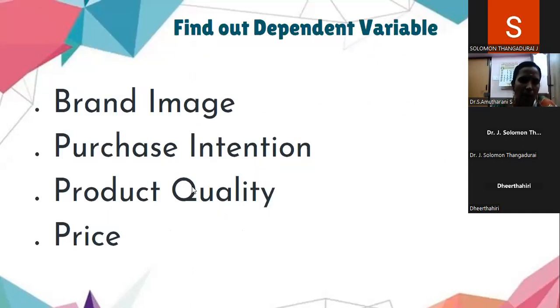Let me know. These are the four variables I have used in today's session: brand image, purchase intention, product quality, price. Among these four variables, which one is the dependent variable? Give your answer in the chat box.